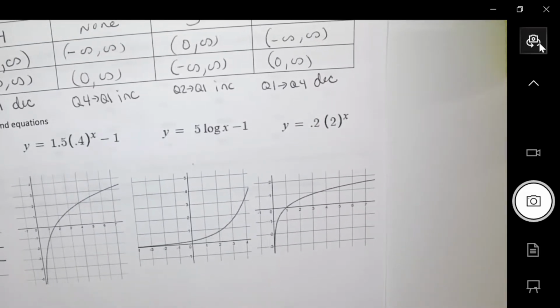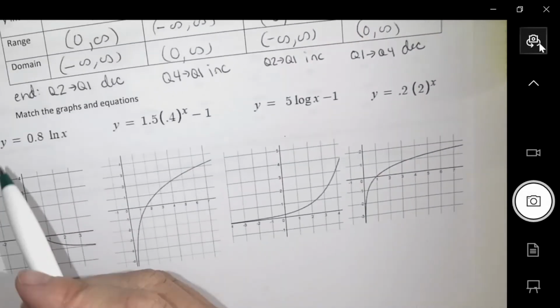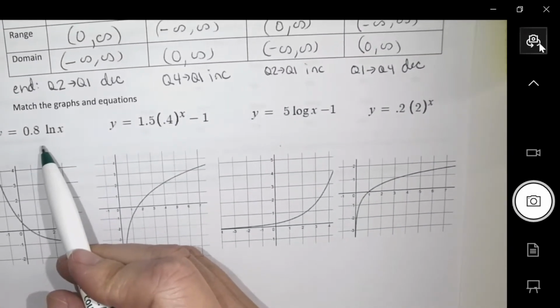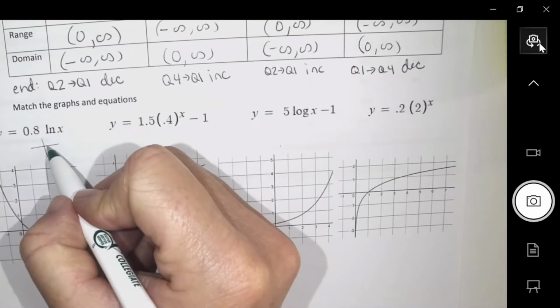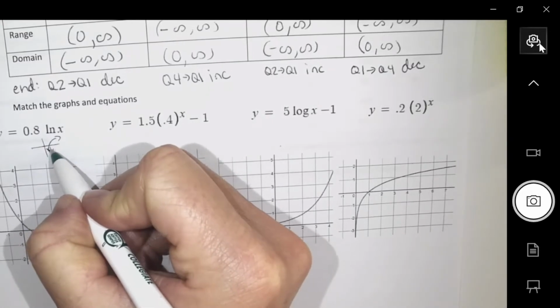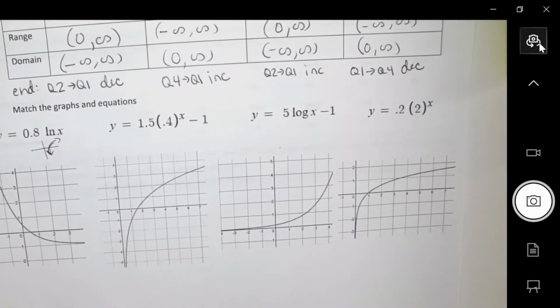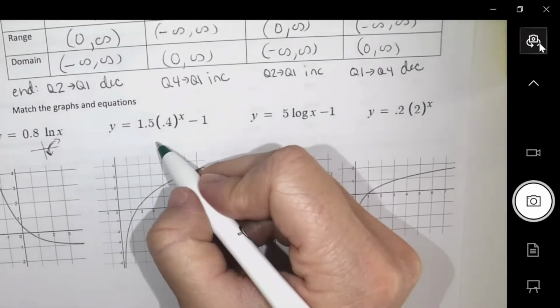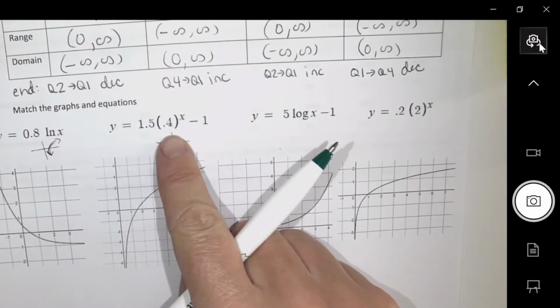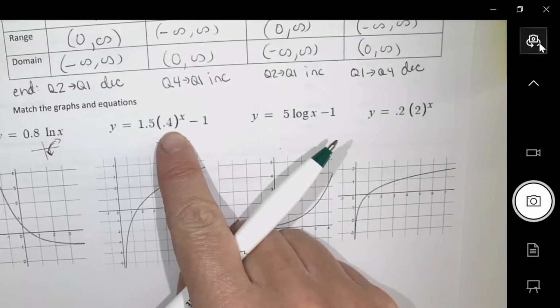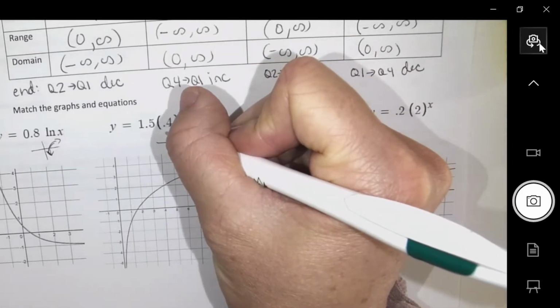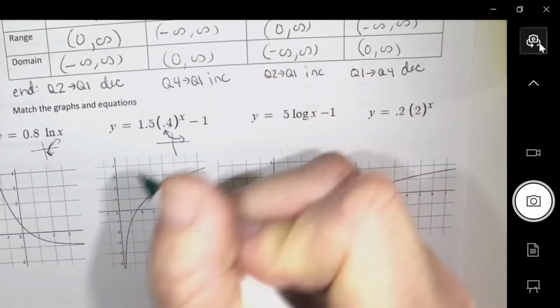Okay, let's talk about these 4. We're going to match them. So this one is an ln, so it's going to be like that. This one is an exponential, but it's a 0.4, so we need something to decrease, an exponential decrease.